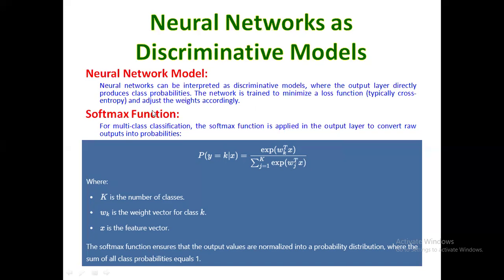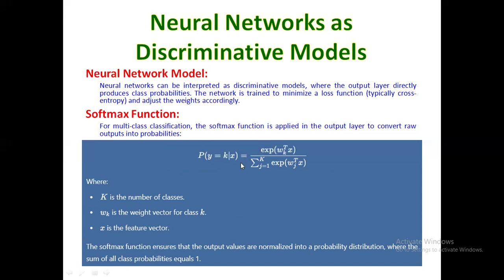So in this we are also using the softmax function. For multi-class classification, the neural network output layer typically uses the softmax function to convert raw output into proper probability values. What is the function of using the softmax? To convert the raw output into proper probability values.